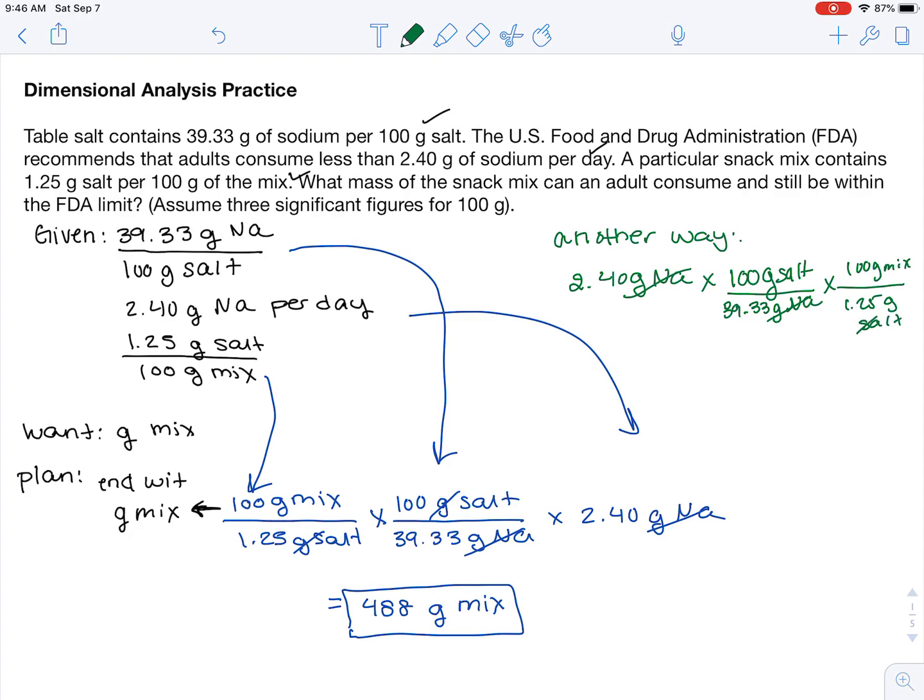And then you can see grams salt go away, and you would be left with 488 grams mixture. Doesn't matter how you piece it together, whether it's something that you start with or end with. It's honestly just looking at, these are the units that I have, and this is what I want in the end. How do I work my conversion factors to honestly just get rid of what I don't want and end up with what I do want?